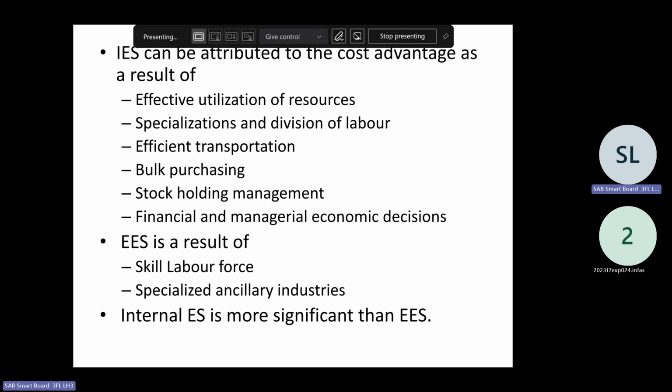That's a benefit to the organization. Efficient transportation will benefit the organization. Bulk purchasing: other than taking small quantities, we can make bulk purchases, get more discounts and so on, and minimize the cost.